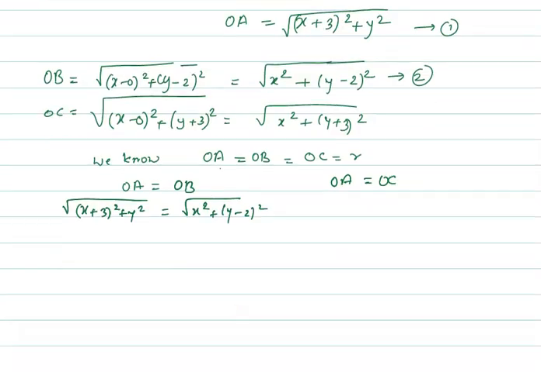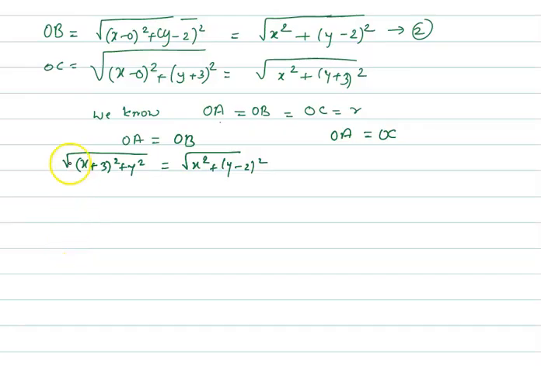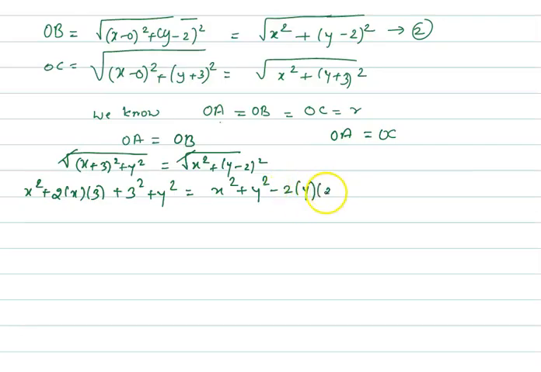So if we simplify this, I am going to get square root cancels with square root. I am going to get x square plus 2 into x into 3 plus 3 square plus y square. Here I am going to get x square plus y square minus 2 into y into 2 plus 2 square.